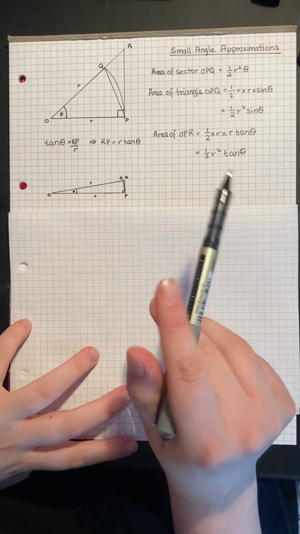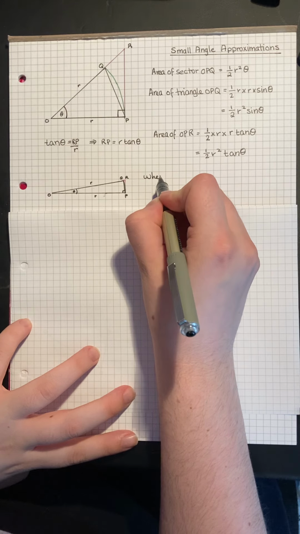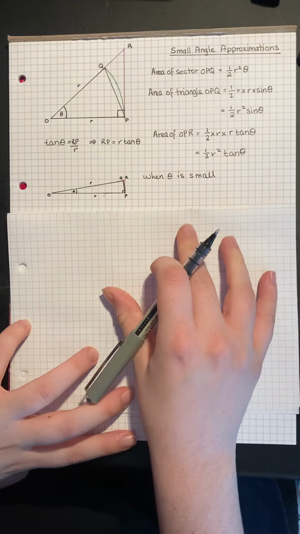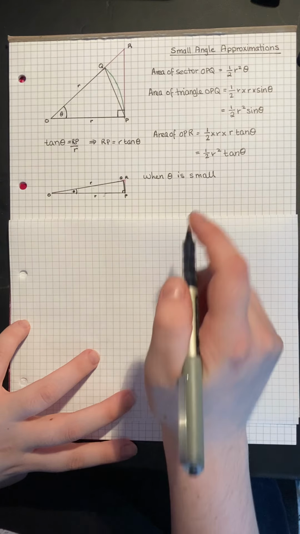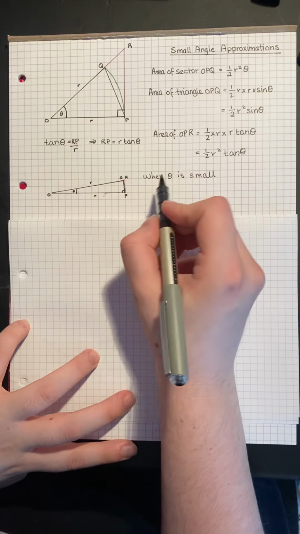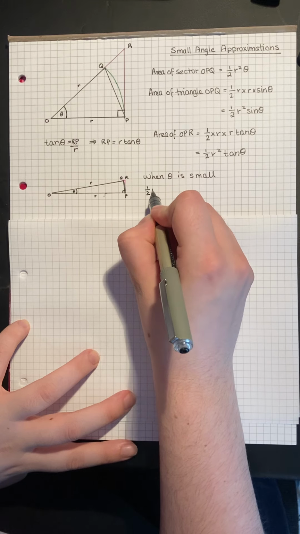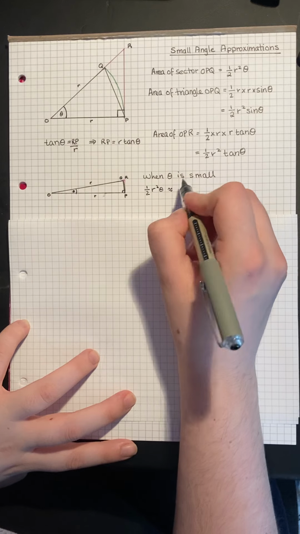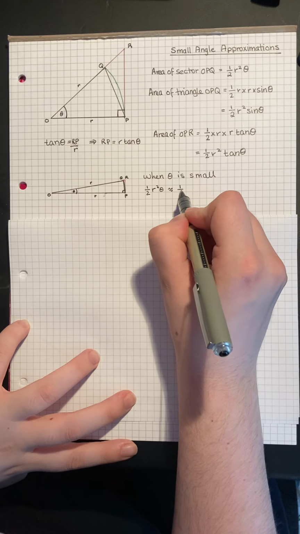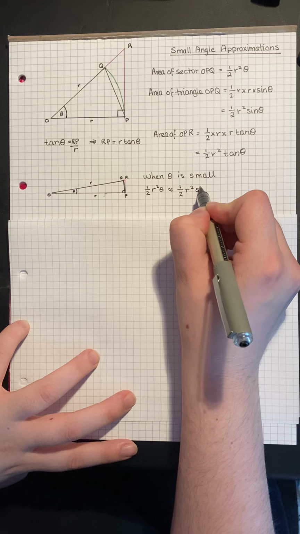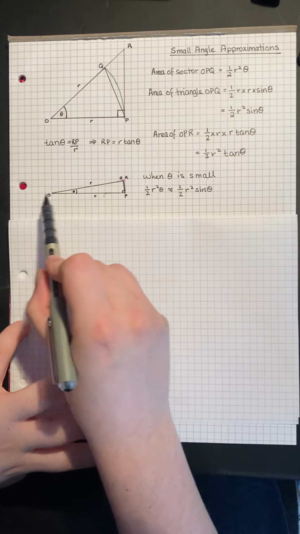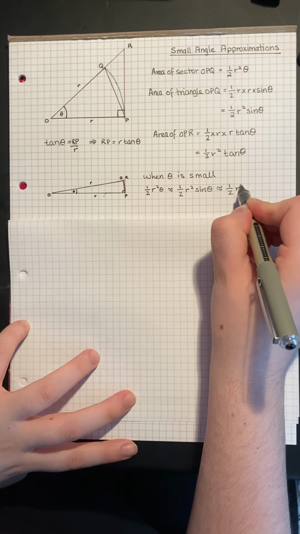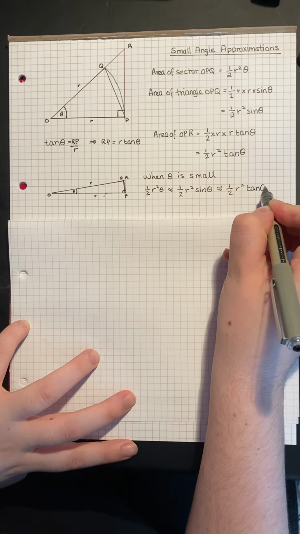Okay, so when theta is small, approximately we can say that the area of the sector, a half r squared theta, is approximately equal to the area of the triangle OPQ, a half r squared sine theta, and it's also approximately equal to the area of OPR, which is a half r squared tan theta.